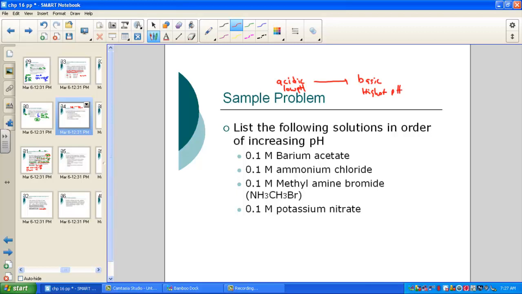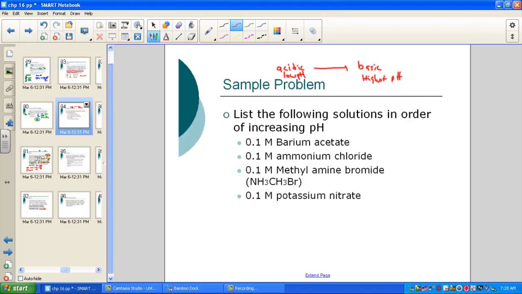We have barium acetate, ammonium chloride, methylamine bromide, which gave us the formula because that's a little organic, and potassium nitrate. So let's go to work and see what we have.